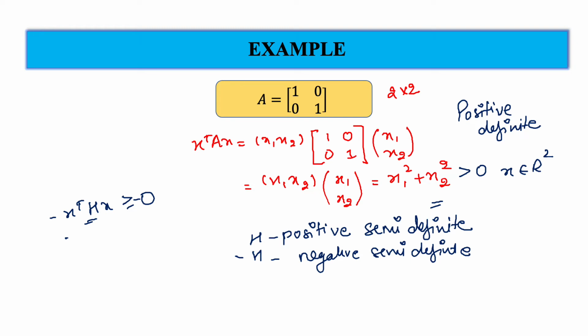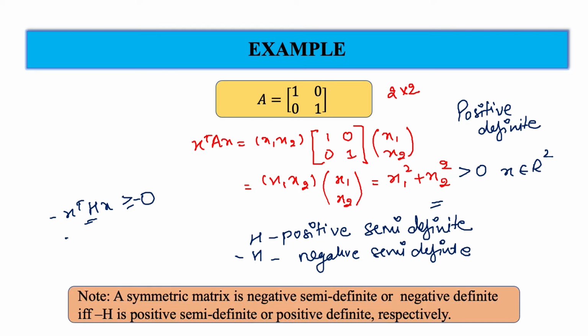Similarly, if H is positive definite, then minus H will be negative definite, because the strict inequality also holds if I take the negative on both sides. So note that a symmetric matrix is negative semi-definite or negative definite if the negative of that matrix is positive semi-definite or positive definite respectively.